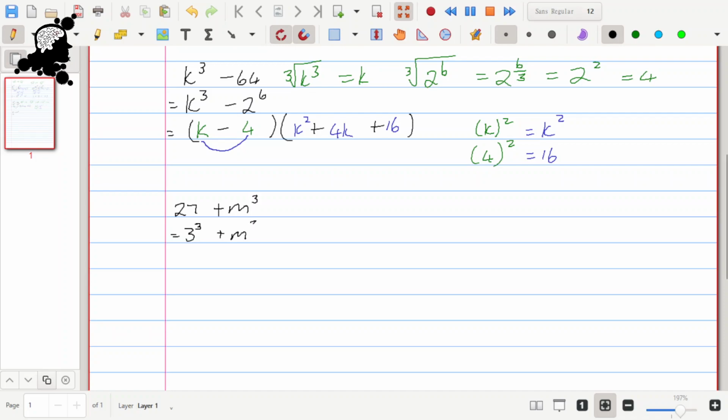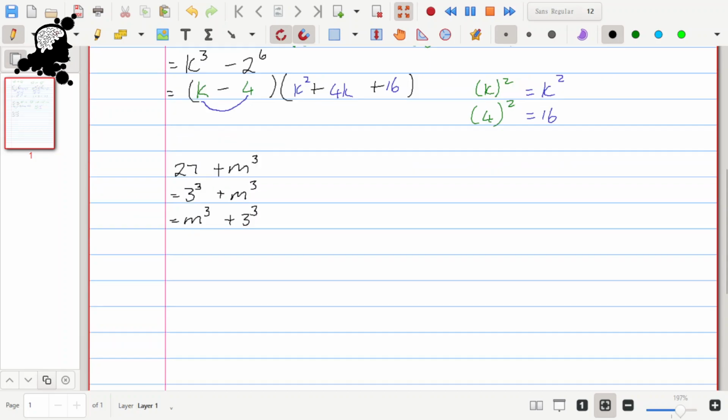And then this is m cubed. I can rewrite this as m cubed plus 3 to the power 3. There's no specific reason for doing this, but I just prefer to have my variables first and then the numbers after. If you factorize it using 3 cubed plus m cubed, your answer will be exactly the same.